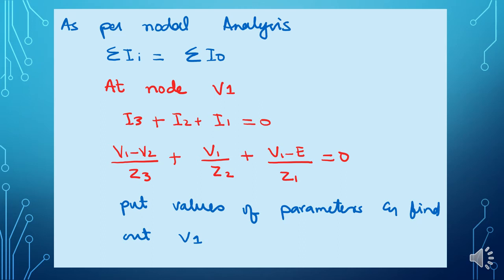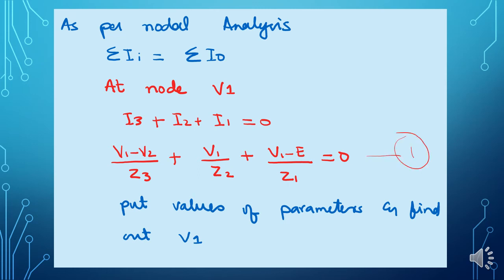So, looking at the circuit, we write the equation I3 plus I2 plus I1 is equal to 0. What is I3? I3 is V1 minus V2 over Z3. Similarly, I2 is V1 over Z2 and I1 is V1 minus E over Z1, where E was the given input voltage. This is equation 1 for node 1.